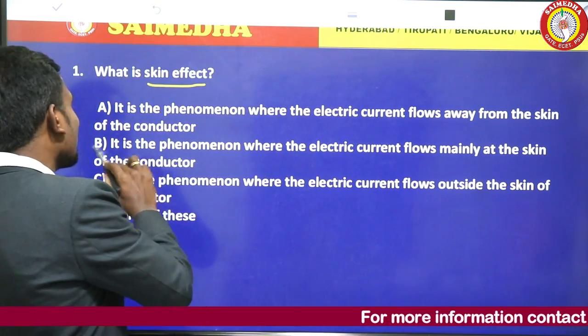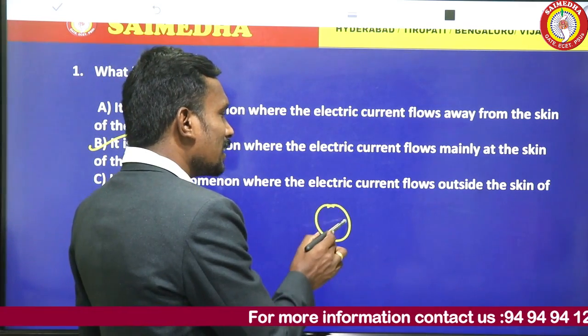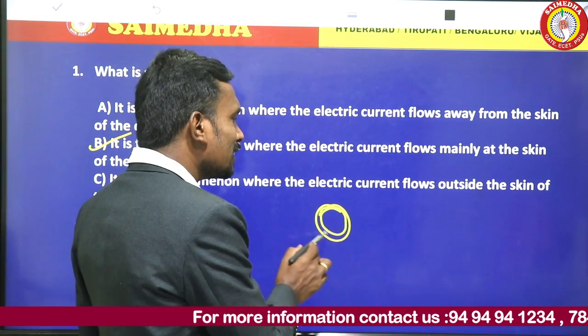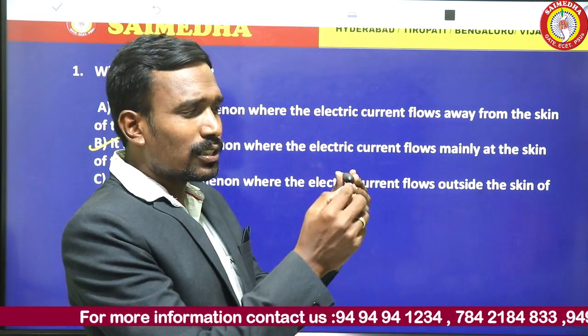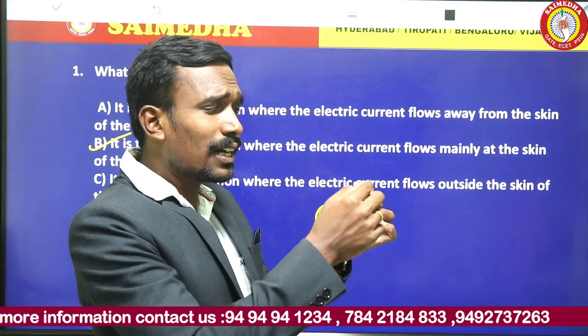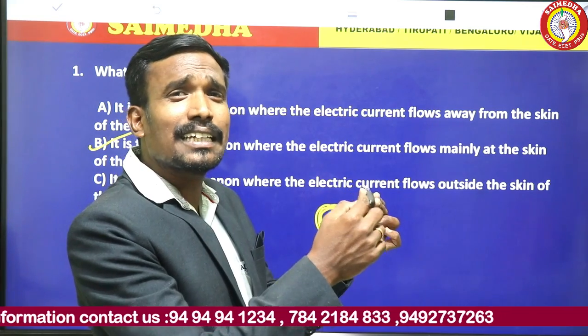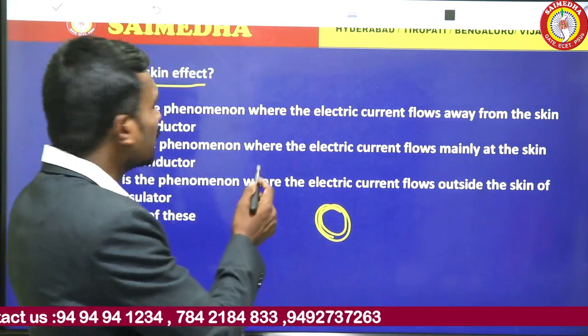This is the skin effect. For example, this is my current. The current may not flow in the middle of the conductor. Total current is concentrated at the skin or at the corners. That is called skin effect.